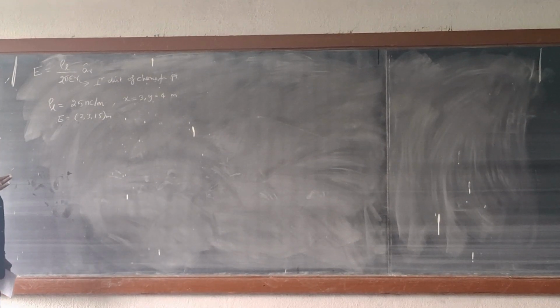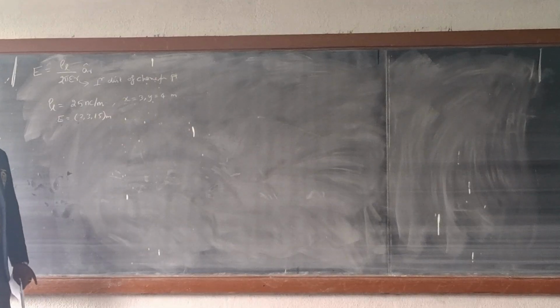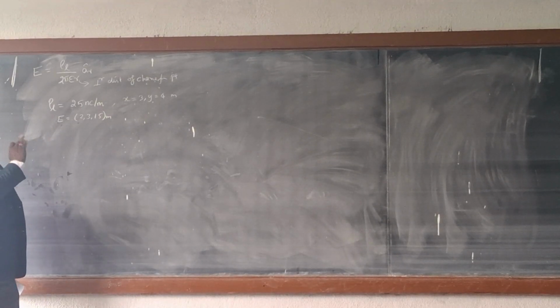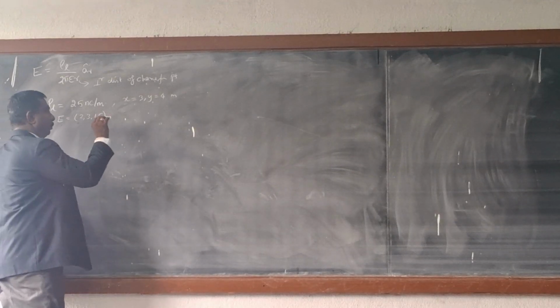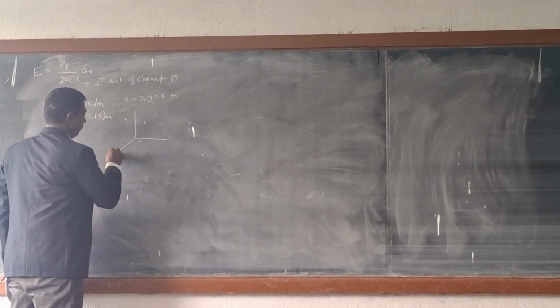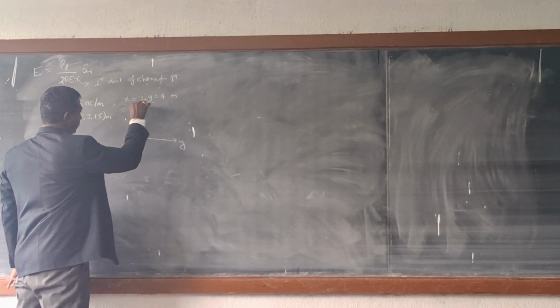Clearly we can say x and y, the problem is in Cartesian coordinate system. So 90% of these type of problems are in Cartesian coordinate system. So we'll be drawing, let this be x, this be y, this be z.